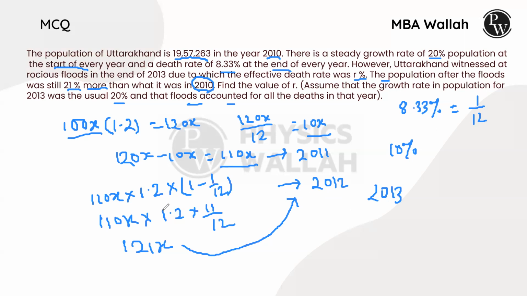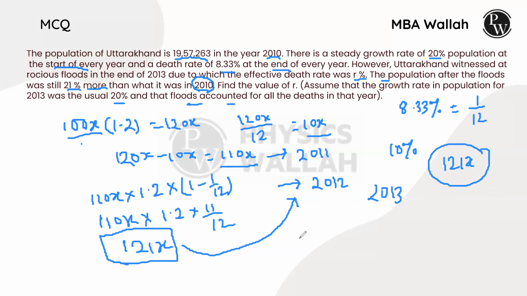So in 2010, Uttarakhand had a population of 100x, and at the end of 2013 also, the population is 121x. So we can say that at the end of 2012, the population is 121x, and at the end of 2013 also, the population is 121x.